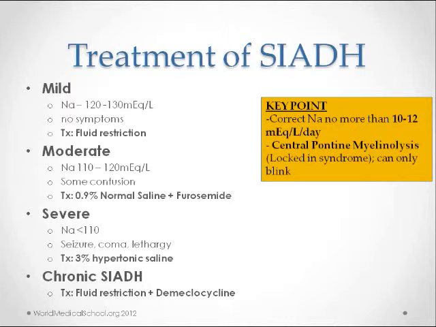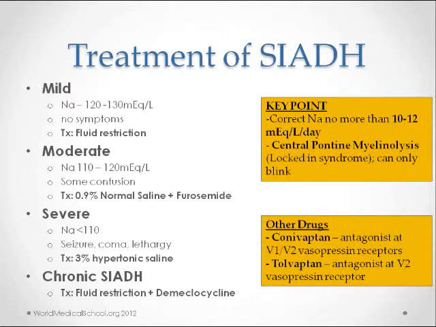This might lead to central pontine myelinolysis or locked-in syndrome, where the patient can only blink their eyes but cannot move. Other drugs like conivaptan and tolvaptan, which are antagonists at V1 and V2 receptors, can also be used based on their side effect profiles.